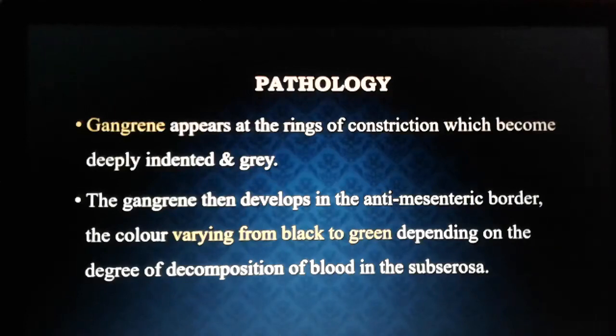The constricted ring is involved first by the gangrene, followed by the antimesenteric border. In this act, the mesentery associated with the bowel is also involved and it becomes gangrenous.